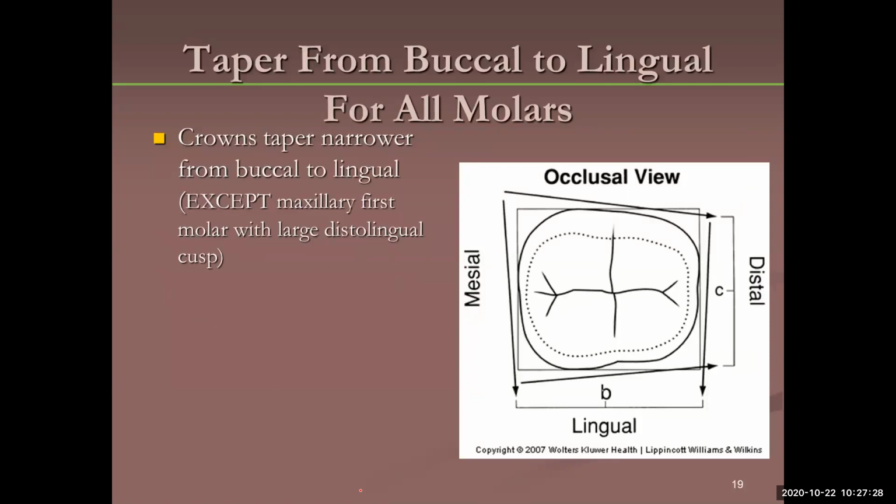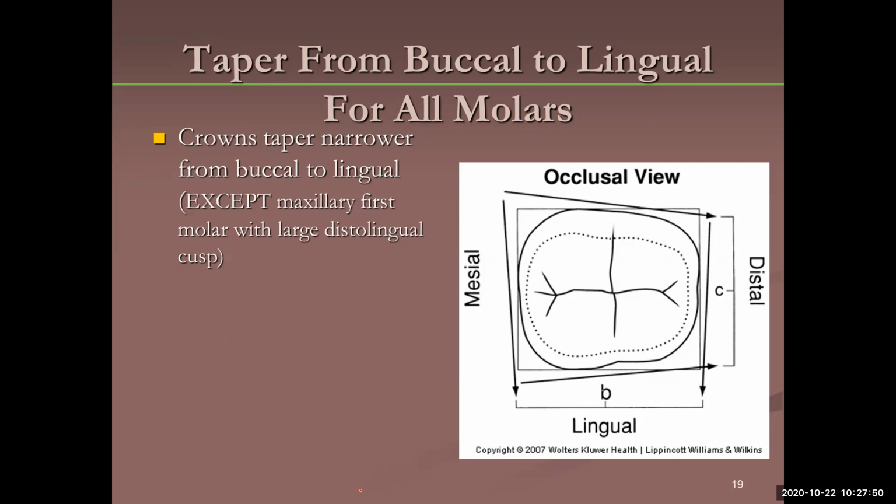Crowns taper narrower from the buccal to the lingual, except the maxillary first molar that has that large distal lingual cusp. So the maxillary first molar does not taper narrower to the lingual.